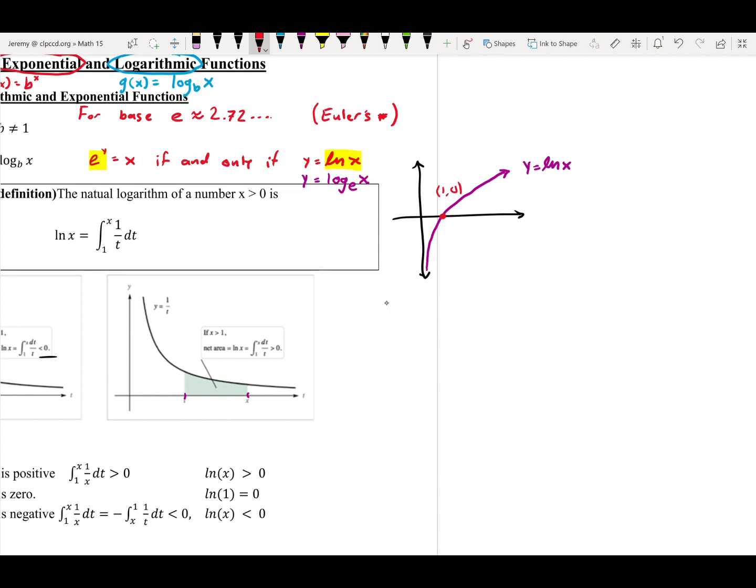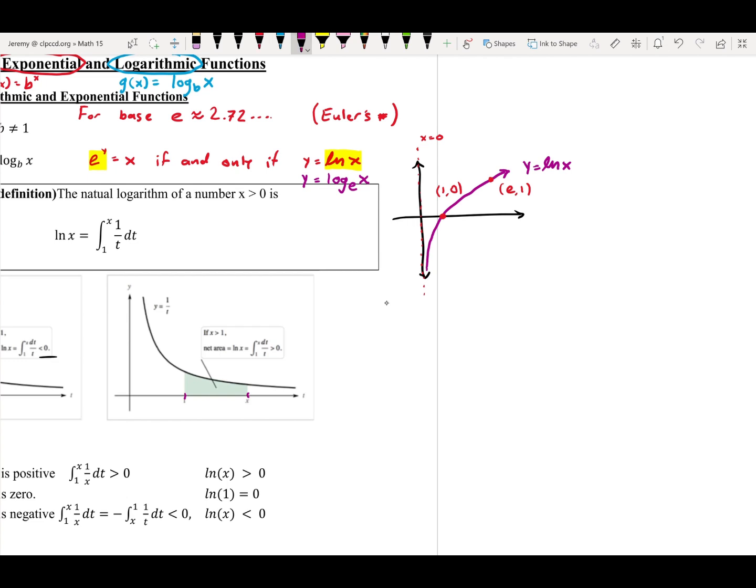This is actually the case for any logarithmic function with any base. And it'll have this point (e, 1). And the other very important feature to be aware of is we have a vertical asymptote at the line x equals 0, also known as the y-axis.